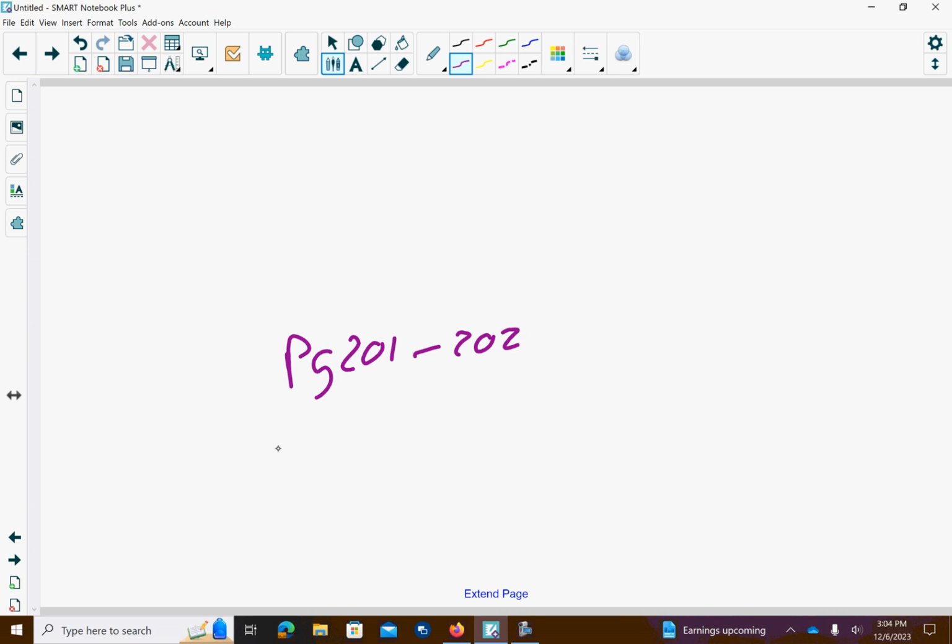Problems 1 through 11, you won't get Desmos. Okay, so make sure you know how to do those without using Desmos.